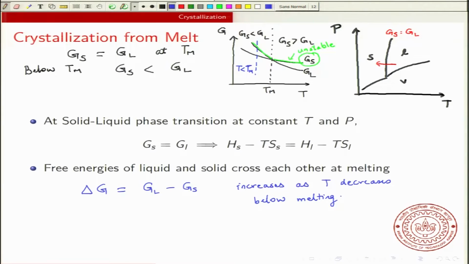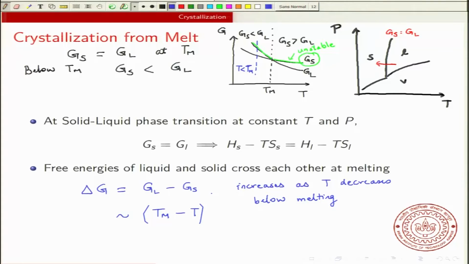Okay. So as you take T lower and lower, it becomes smaller and smaller, and in fact you can say that this delta G will go as Tm minus T. So as T becomes smaller, delta G will keep increasing.